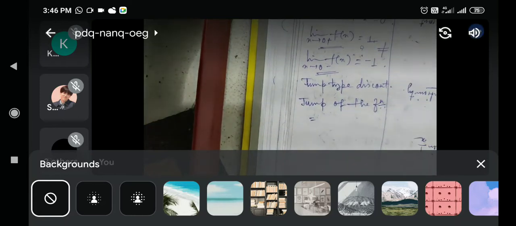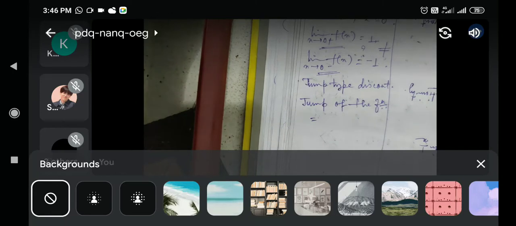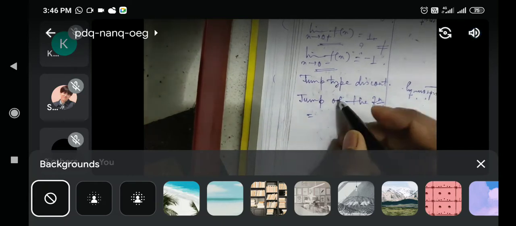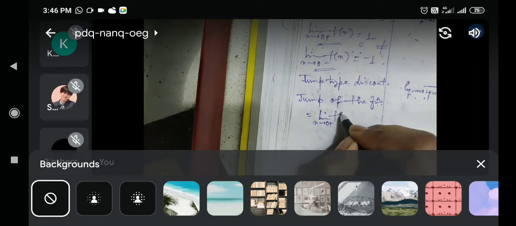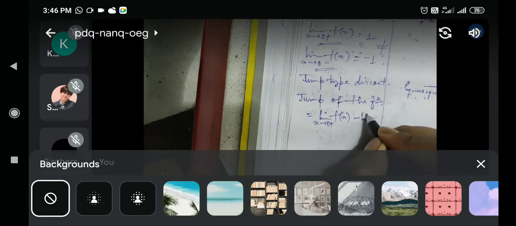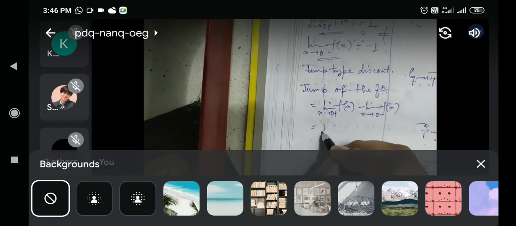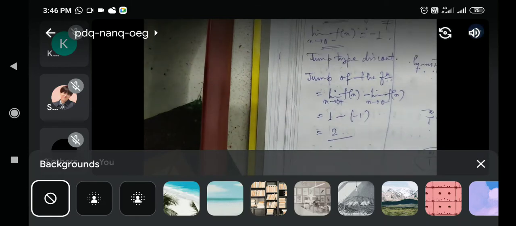Compute this, you know the formula. What is the jump? 2. Yes, because it is the plus value, that means the right hand limit, minus the left hand limit. That is 1 minus (-1), which is equal to 2. Okay.